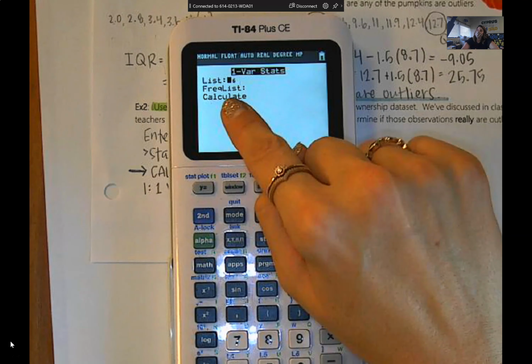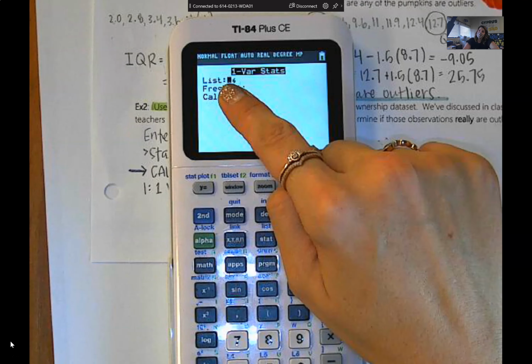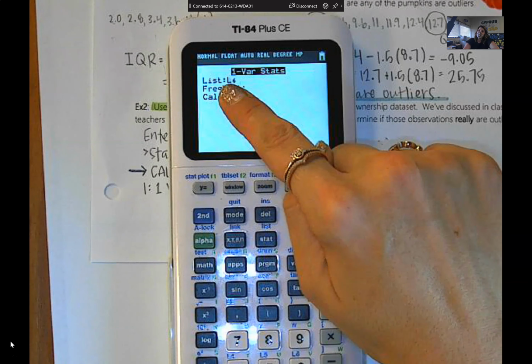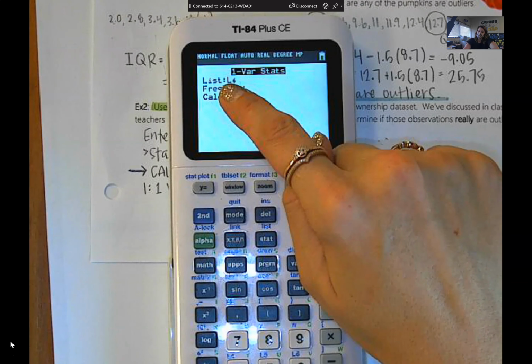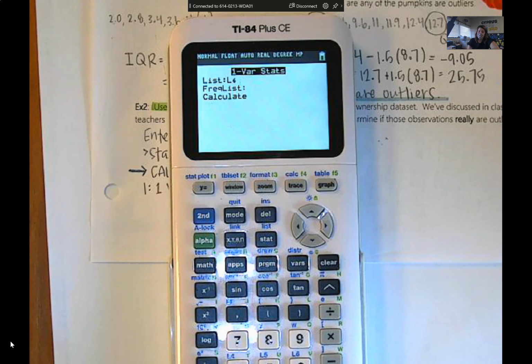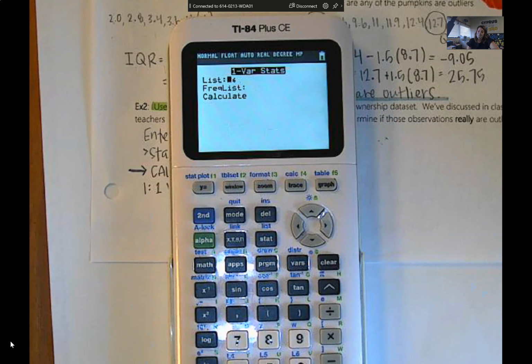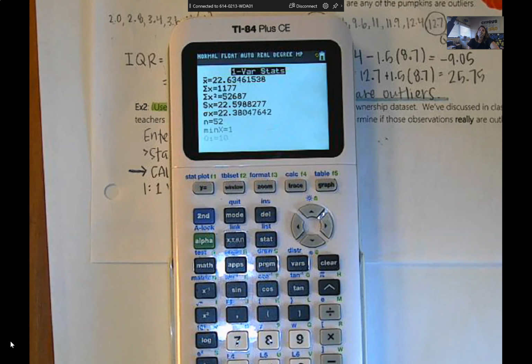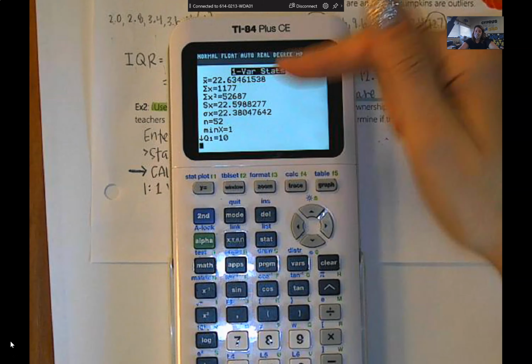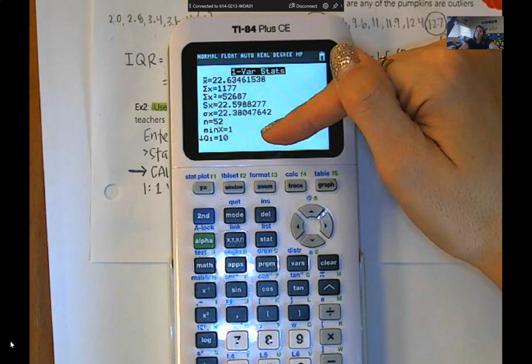Then you're going to change your list to whatever list you put the teacher shoe data in. Mine's in list 6. To change your list, you hit the blue button and the number of your list. You hit Enter. We don't ever put anything in frequency list. Enter, Enter. And then it gives you all of the statistics that we're interested in.